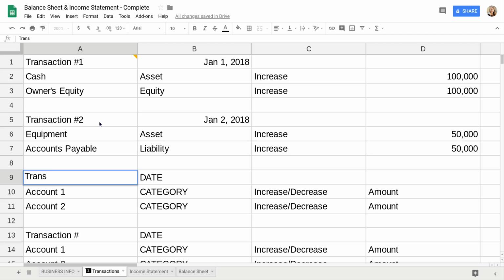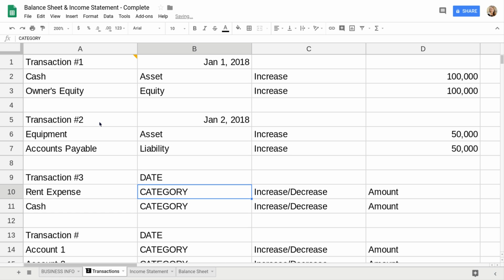Transaction number 3. I've got some equipment, but I don't have anywhere to put it. So I'm going to pay some rent. So I've got rent expense and cash on January 3rd, 2018. And rent expense again is an expense, which is equity.